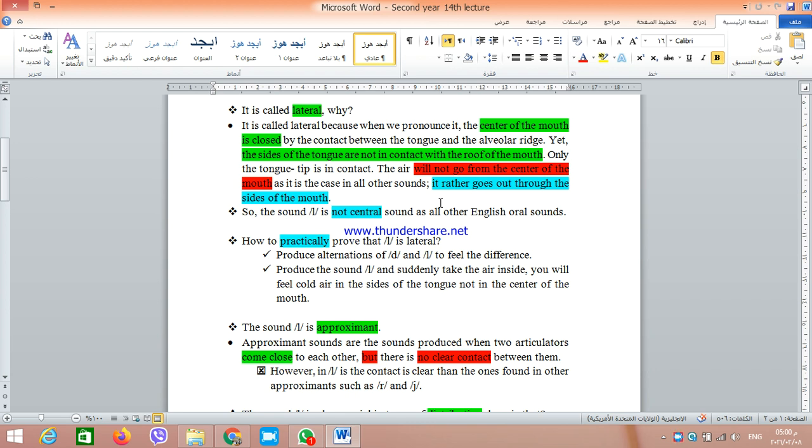You are going to feel cold air on the sides of the tongue rather than on the center of the tongue. Now I'll try. I will pronounce the sound la continuously, a long one. Then all of a sudden I take the air inside the mouth. I can feel that the sides of my tongue become cold because of the cold air coming inside the mouth.